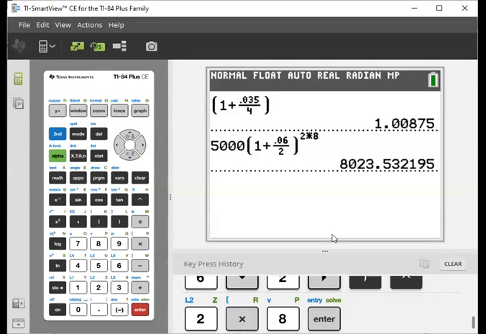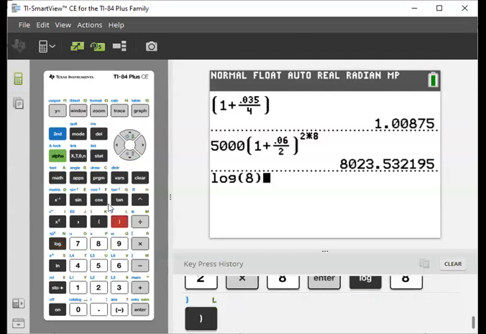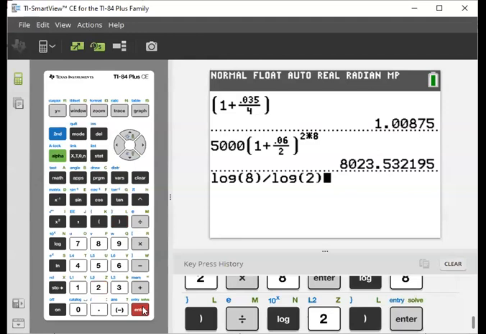So on this problem, log base 2 of 8, the log button is in the very first row, and it doesn't have a base if we're using the change of base formula. So I would do just the log of 8 divided by the log of 2. I'm going to hit enter, and it tells me the answer is 3.